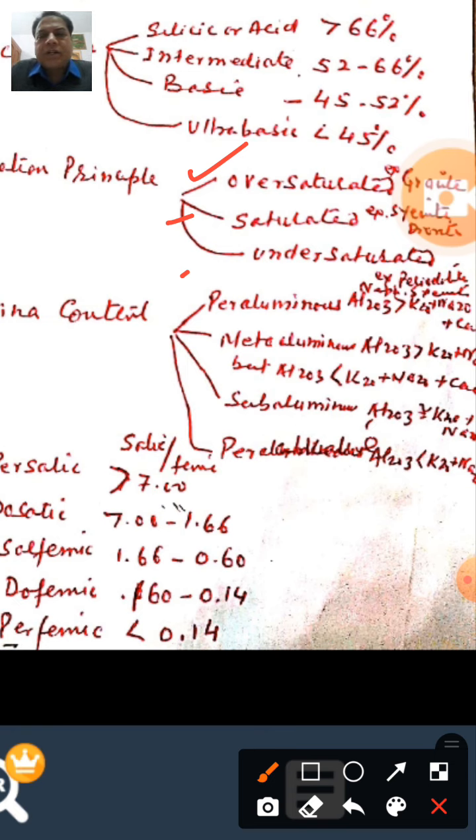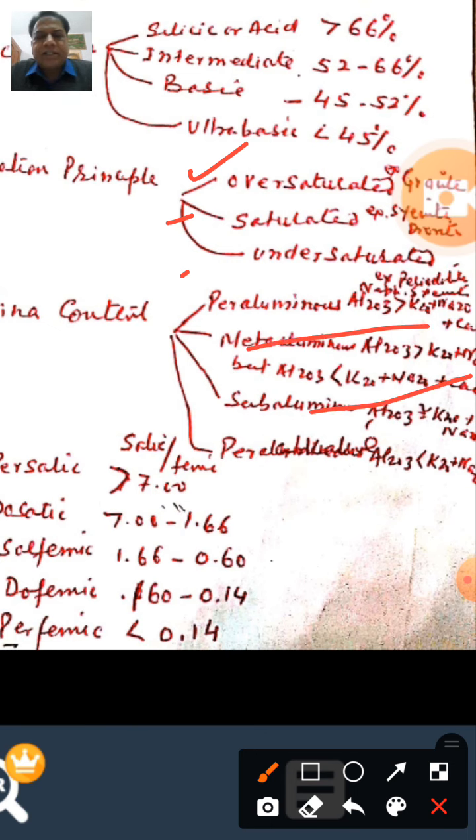The minerals which are incapable of existing in the presence of free silica are called unsaturated minerals. For example, feldspars can exist with silica, so they are saturated minerals, whereas olivine cannot, so it is an unsaturated mineral.